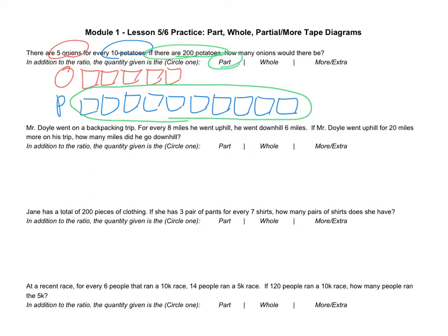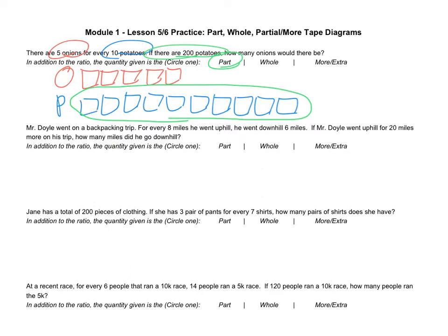Since this is a part-to-part ratio, a part is if you're given one of these rows, or one of the individual pieces. The whole would be if it was the whole thing. The extra types of problems are if it's just this extra bit.